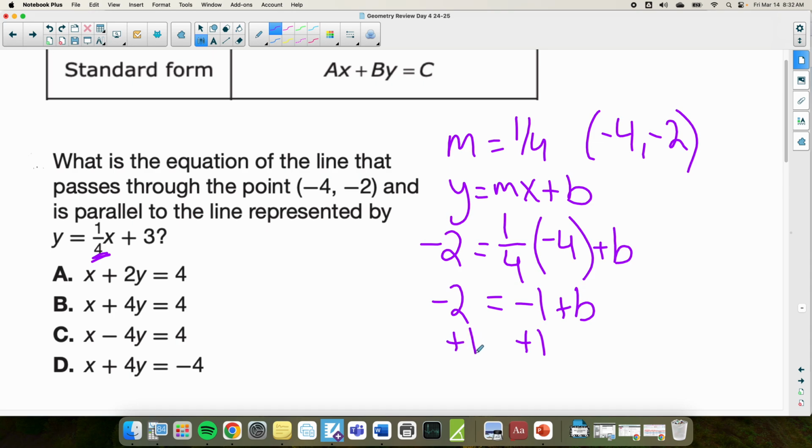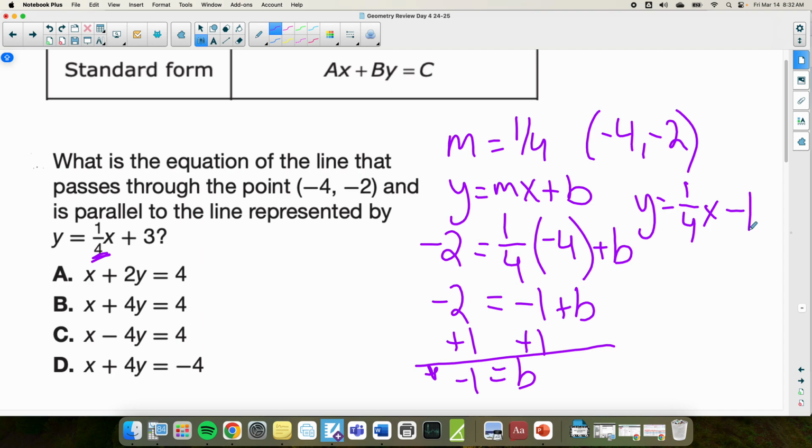And add 1 to both sides. Alright, -1 equals b. Now we have the b. Now we have the slope. Y equals 1/4 x minus 1. Do any of these answers look like this one over here?